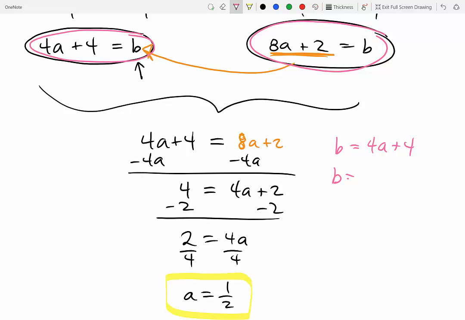And if I substitute in our answer for a of 1/2, notice now I can get my answer pretty quickly as 2 plus 4, or in other words, 6. So b is equal to 6. Highlighting that gives me my two values for a and b, such that f of x is continuous and differentiable.